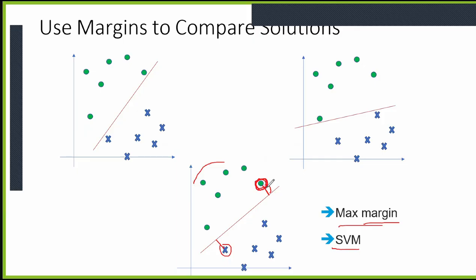And these data points are called support vectors. That's why it's called the support vector machine. So now we have a visual understanding of SVM.